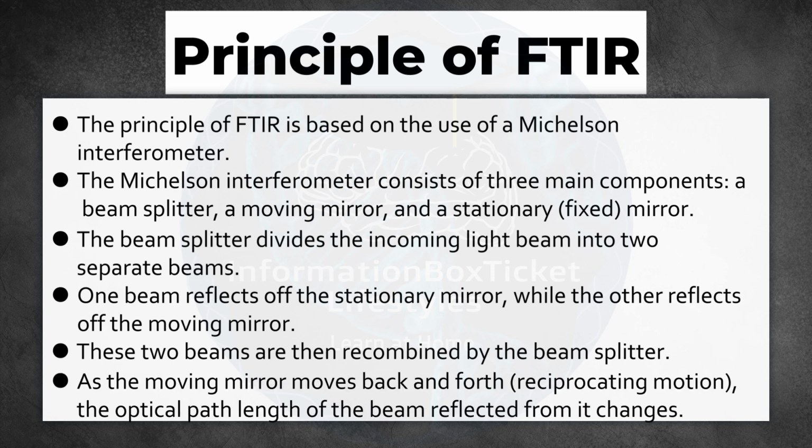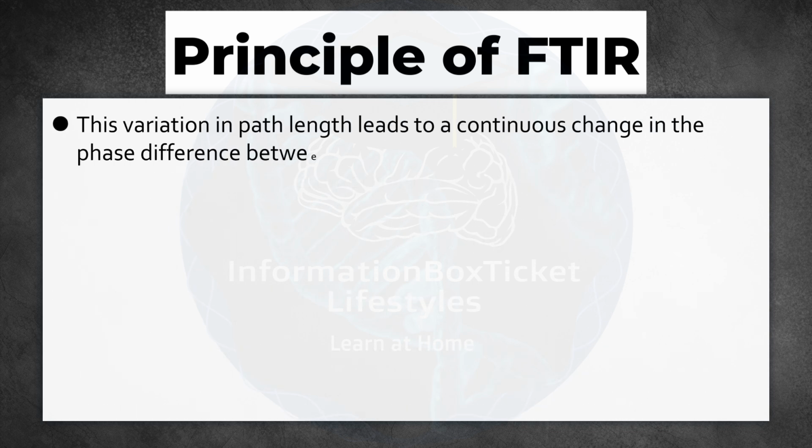As the moving mirror moves back and forth, in reciprocating motion, the optical path length of the beam reflected from it changes. This variation in path length leads to a continuous change in the phase difference between the two beams.